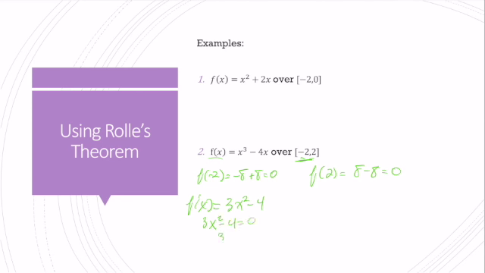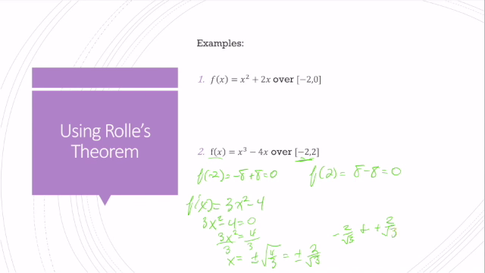I'm going to solve. So I have 3x squared equals 4. Divide both sides by 3. Then I take the square root of both sides. So I get x equals plus or minus the square root of 4/3, which is plus or minus 2 over the square root of 3. So I have 2 points in here: negative 2 over square root of 3 and positive 2 over square root of 3.